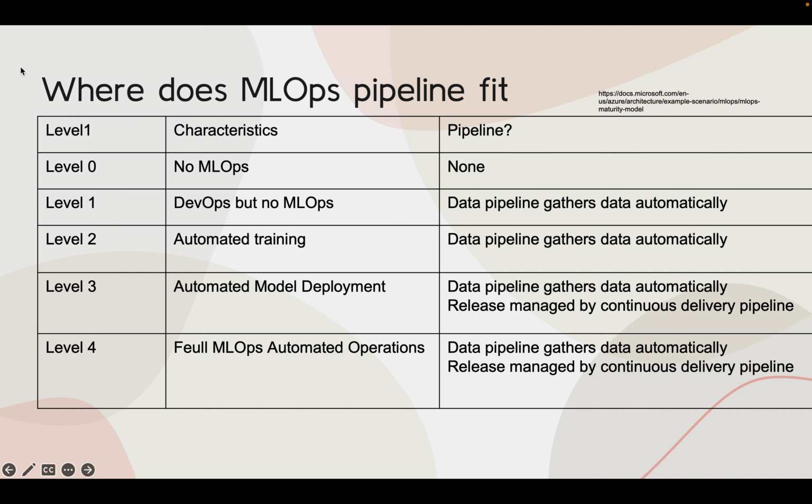Definitely you have no pipeline. At level 1 and level 2, you have a data pipeline that gathers data automatically. So you have a data pipeline here. At level 3 and level 4, you not only have a data pipeline that gathers data automatically, but you also have releases managed by a continuous delivery pipeline.